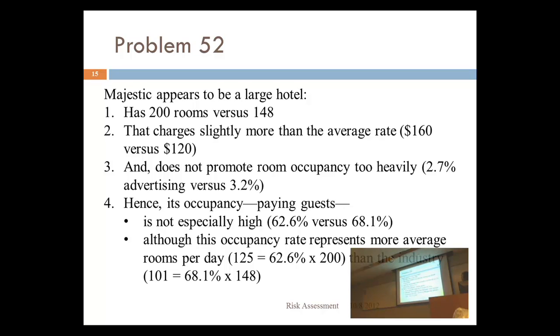We don't know. They don't seem to promote room occupancy too heavily, 2.7 versus 3.2. So this could be that they have their own management company, so they're not spending as much money on outside advertising. So you need to know what's in that advertising number.